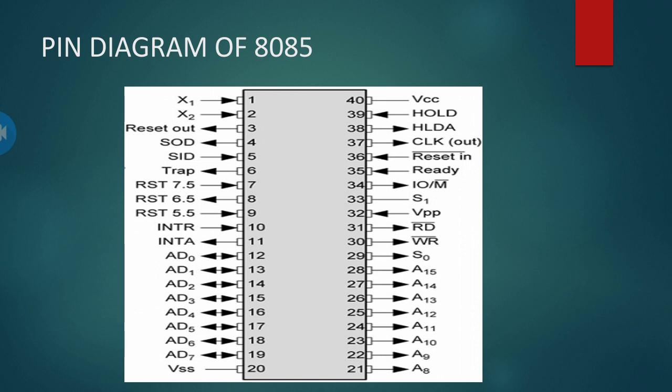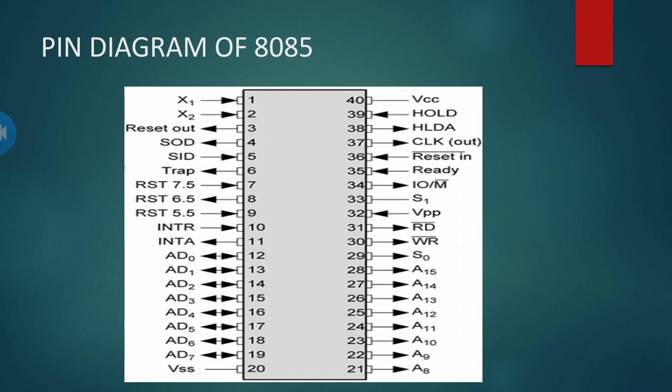But 8085 has found a solution, so that there is no need for the CPU to always check whether input output devices have to send data or not. This is the solution that 8085 has provided through the ready pin.